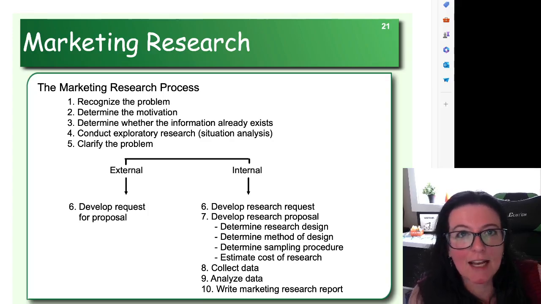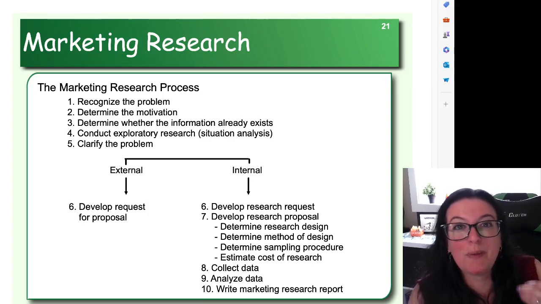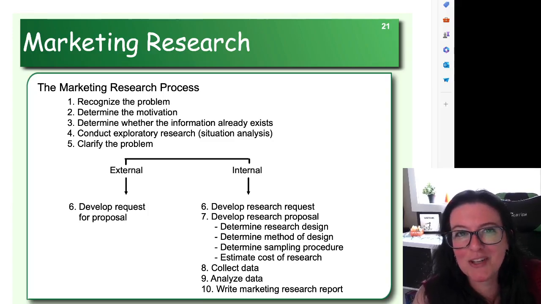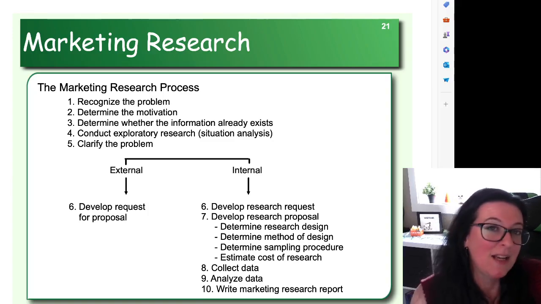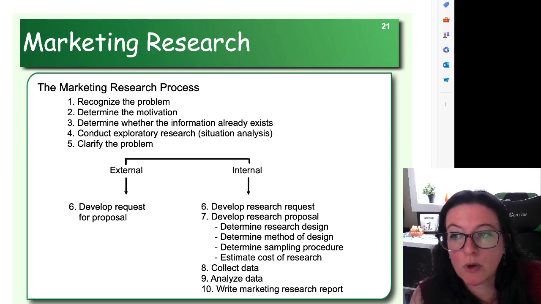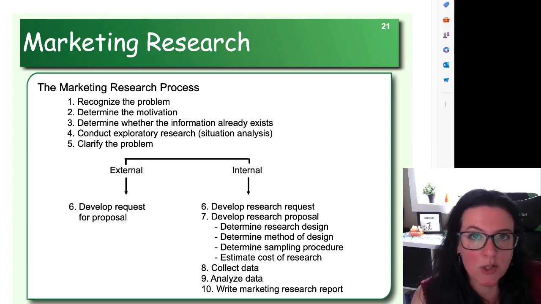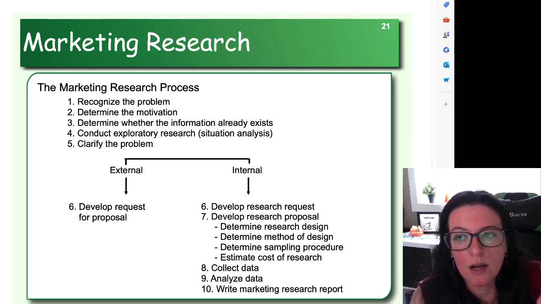Then we need to determine whether the information already exists. So secondary data analysis is where someone else has already collected the information for a different purpose. This could be that we already collected the information, so we already have what we need. We just need to analyze it. So maybe we can get what we need out of customer records. If we are trying to better understand who goes to our university, let's look at what information we've collected already on those who are currently enrolled.